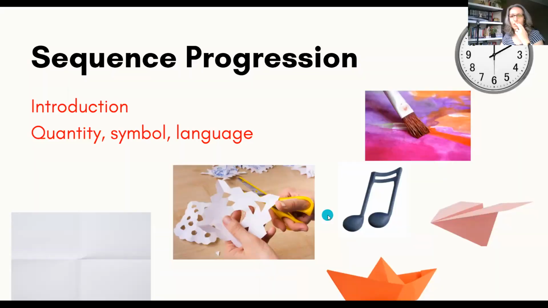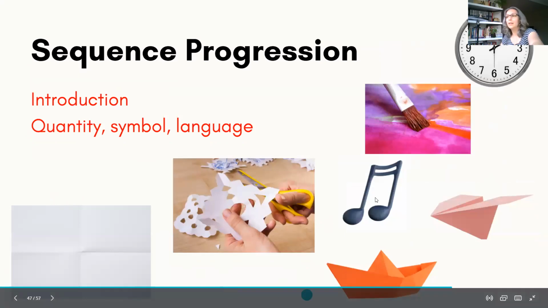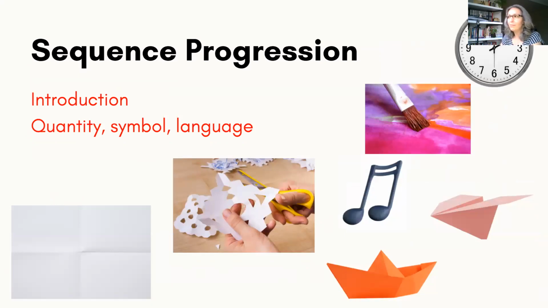Let's see what we've got next. All right. Snowflake. I'm not going to do the snowflake because we are sort of running out of time. So this is being the progression after we've done all that. The paint. Mixing paints. What happens if you start with primary colors and you add half blue, half yellow?